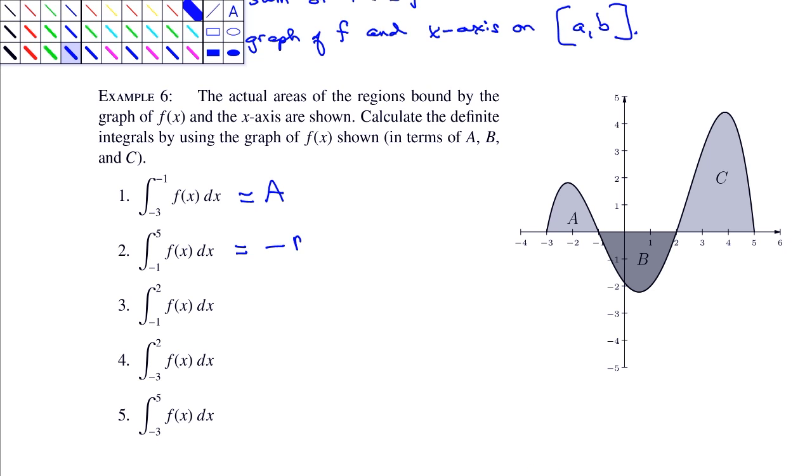So the integral is -B. Then continuing on from 2 to 5, the area is C, and that is above the x-axis, and that is positive C. So the integral from -1 to 5 of f of x dx is -B plus C.